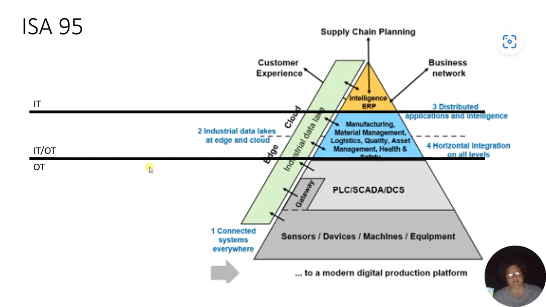So if we look at ISA95 in regards to changes that have happened recently with Internet of Things and the IT-OT convergence, then we are seeing some fuzzy logic in here with a demarcation point.